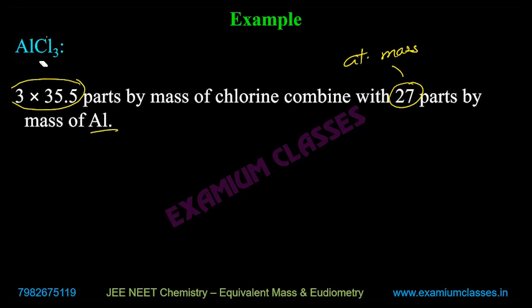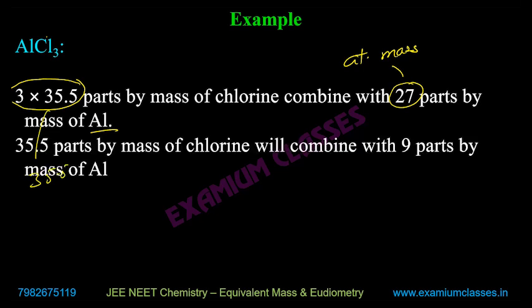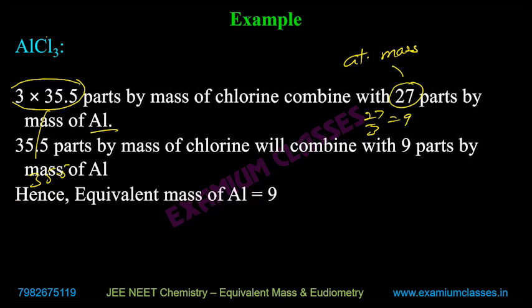Hence 35.5 parts will combine with how much? Because the chlorine definition is 35.5 parts. So we will calculate it. It will be 27 by 3, that is 9. We applied the unitary method. So 9 will be the equivalent mass of aluminum in aluminum chloride.